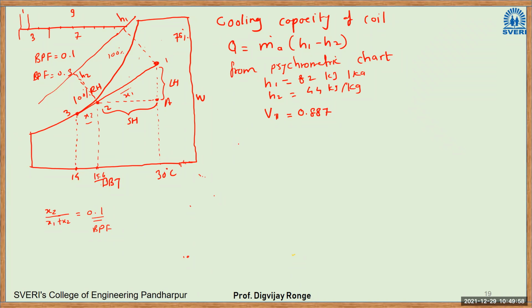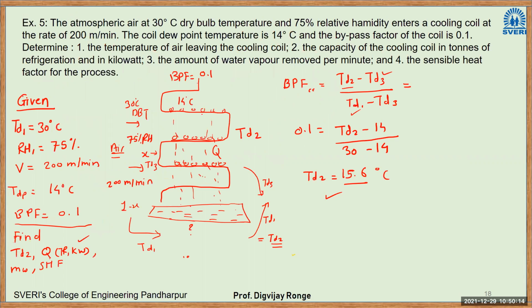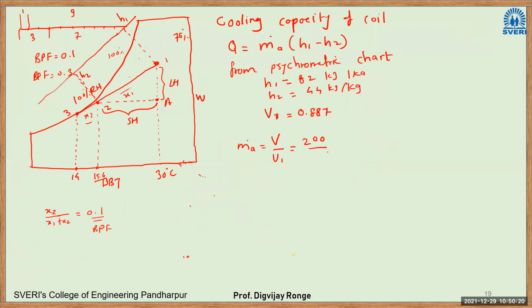Now let us calculate the mass flow rate. Mass flow rate will be equal to volume flow rate divided by specific volume, right? In this case, the volume flow rate is given as 200 meter cube per minute. The specific volume I have calculated is 0.887, right?